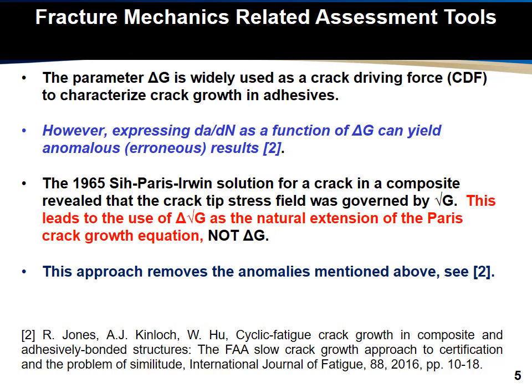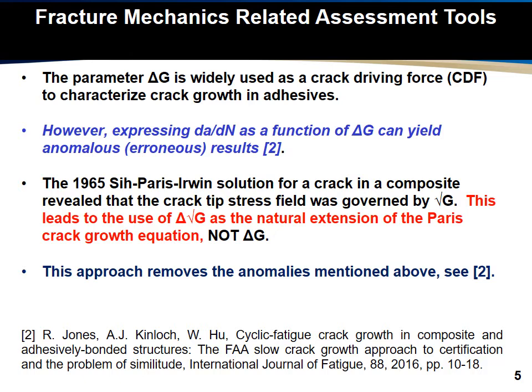In this context, the 1965 paper by Paris and Irwin was the first to give the solution for the crack tip field in a composite structure. This seminal piece of work revealed that the crack tip stresses were governed by the square root of G. This naturally leads to the use of delta square root G as the extension of the Paris growth law in metals to composites and bonded structures.